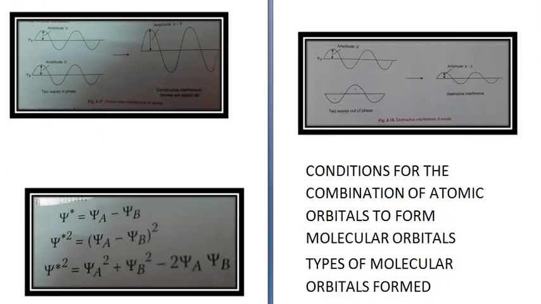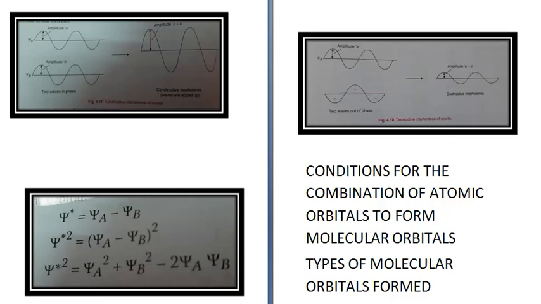Now the wave function square is greater than wave function of A square plus wave function of B square by 2 wave function A wave function B. It shows that the probability of finding the electron in the bonding molecular orbital increases. Okay.